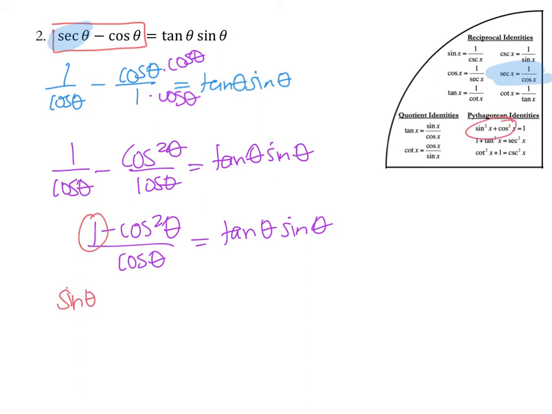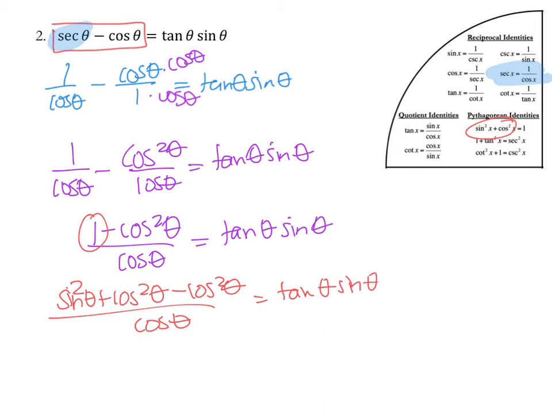That's going to be sine squared plus cosine squared. Then we have the minus cosine squared still over cosine equals tangent theta sine theta. So then these cancel. And we've got sine squared theta over cosine.